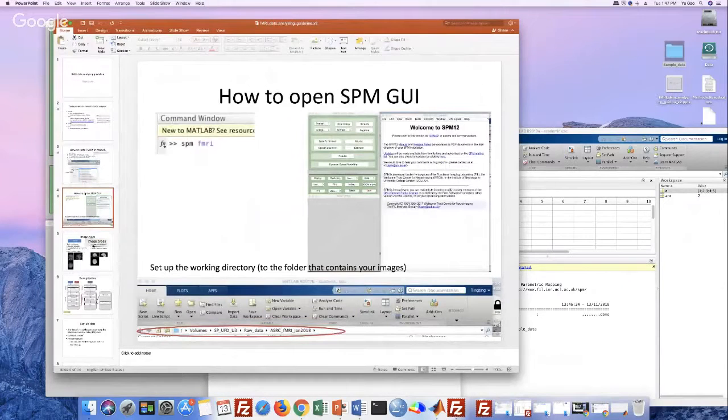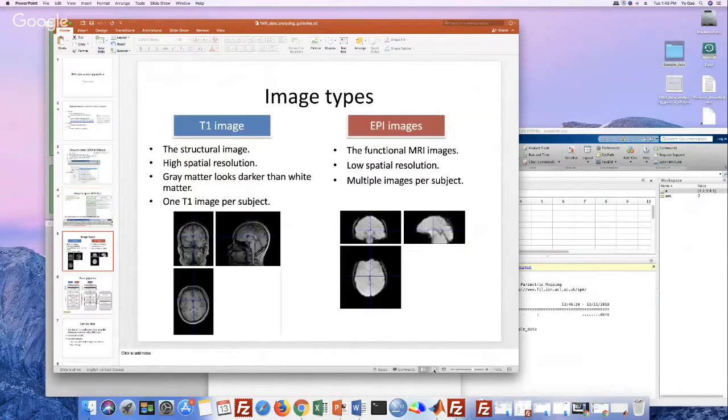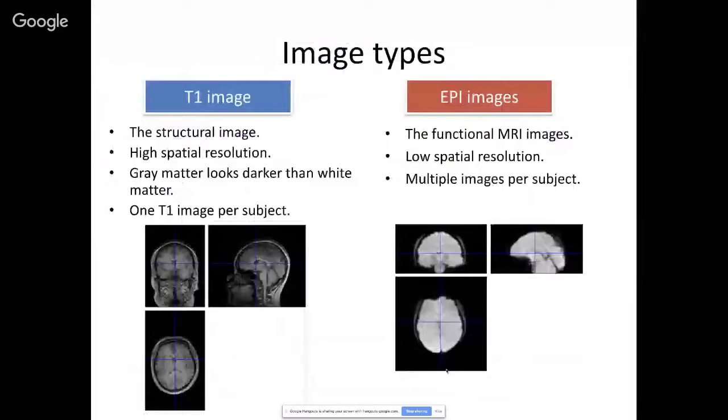So now you have all the software installed and you know how to use SPM. Let's go back to introduce our data. For our data, we have 2 different kinds of images. The first category we call structural images. We have several types of structural image. This kind of image is very clear.